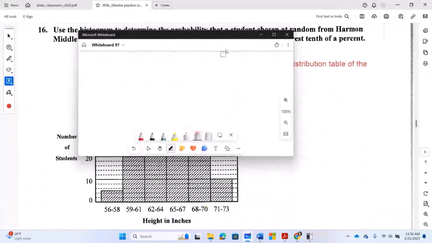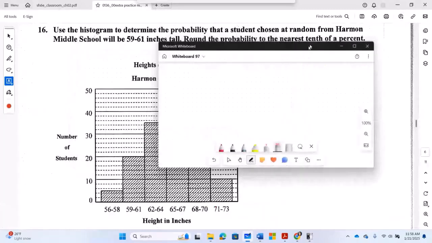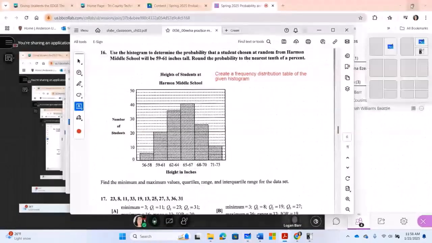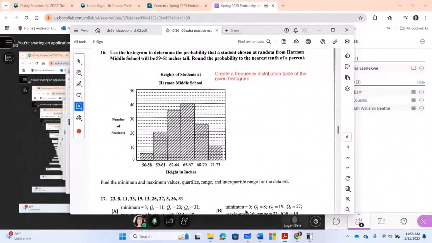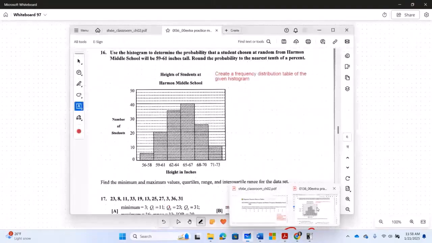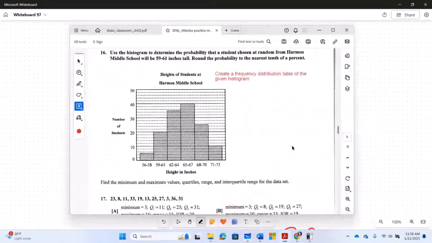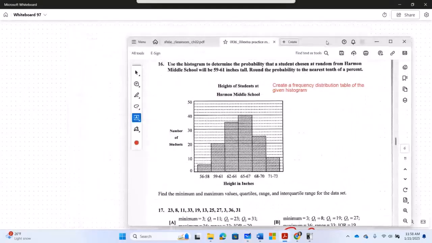So I am going to minimize this whiteboard so I can see. Actually, let me minimize the question. Okay. All right. So now I want to construct a frequency distribution of the data here.